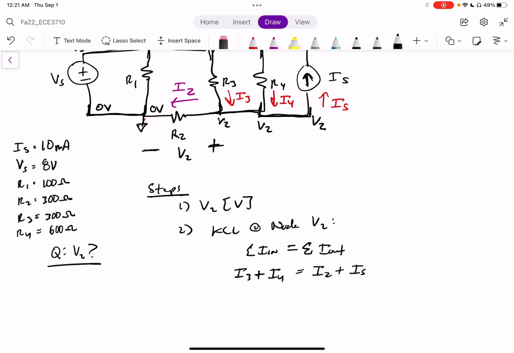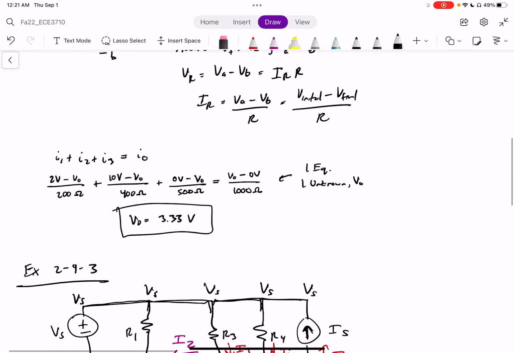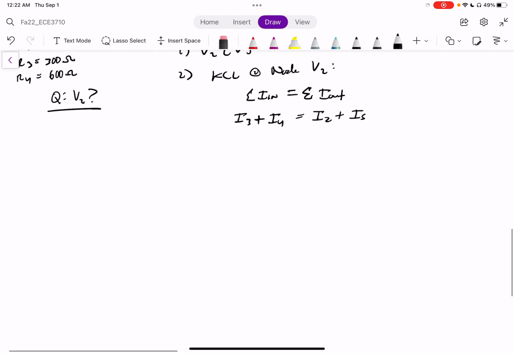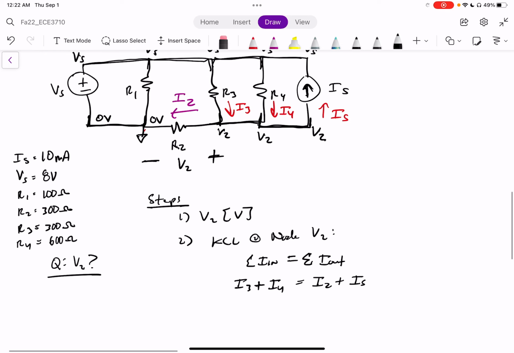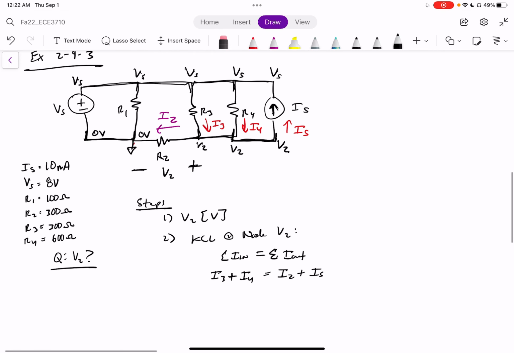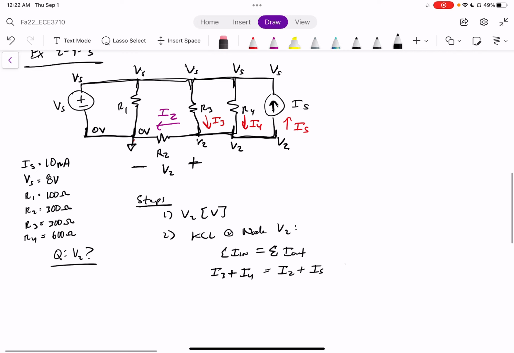Okay? Now replace these currents with the voltage initial minus voltage final divided by resistance. What am I talking about? I'm talking about this notation that was discussed here. So, looking at our circuit and zooming out. Okay, we're going to move up here now. What's I3?